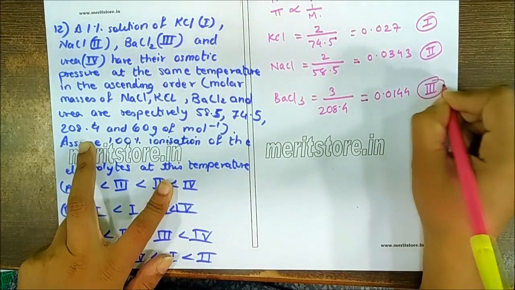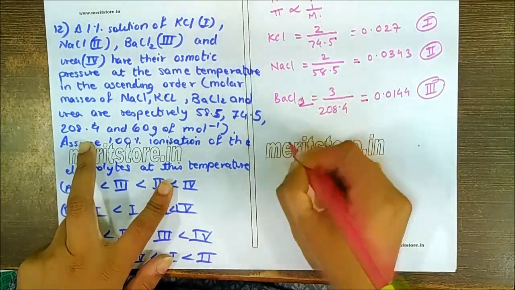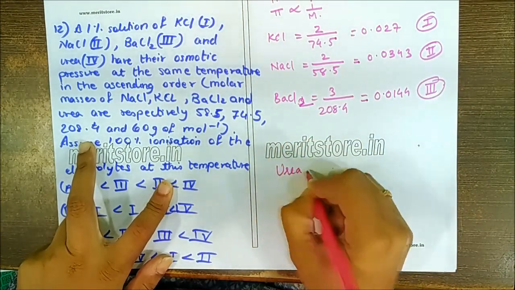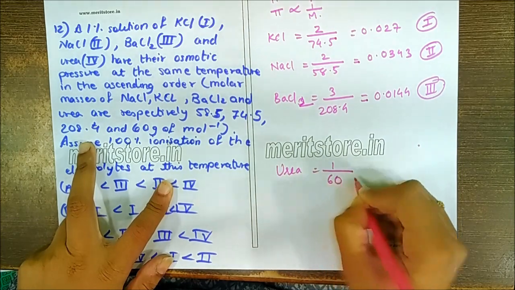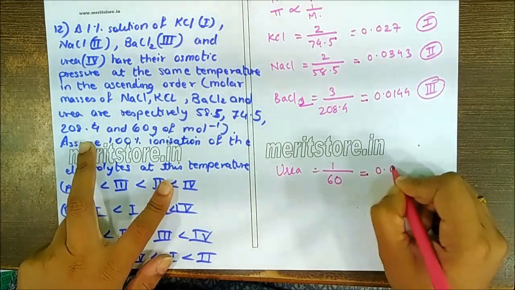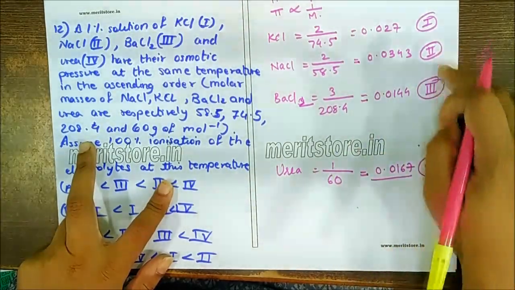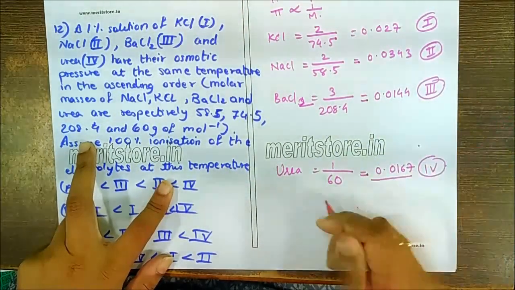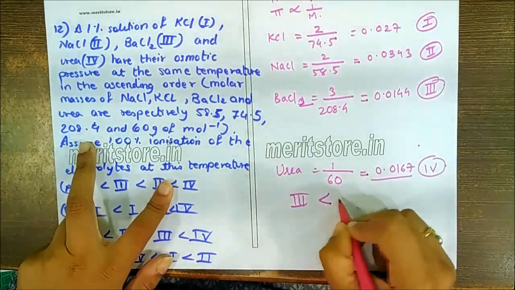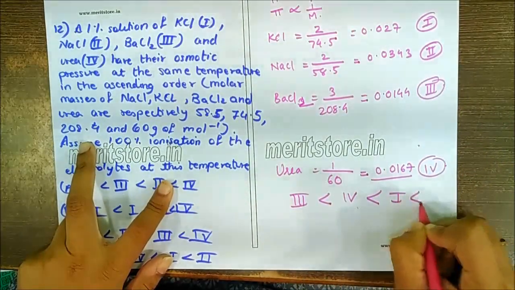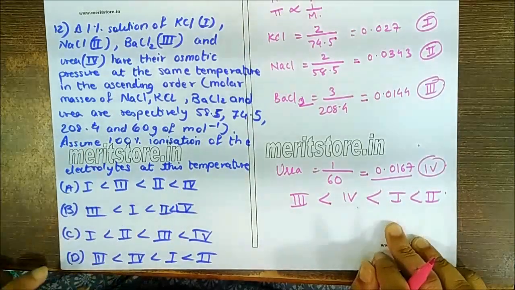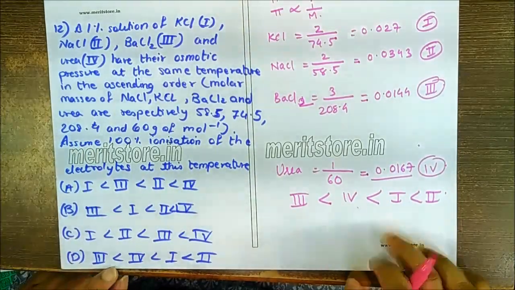This is the third one. And finally we have urea. Urea will not dissociate, so 1 upon 60, which comes out to be 0.0167. So this is the fourth. In all this, the lowest one is the third one, then we have the fourth one, then the first and then the second. So we have option number D.